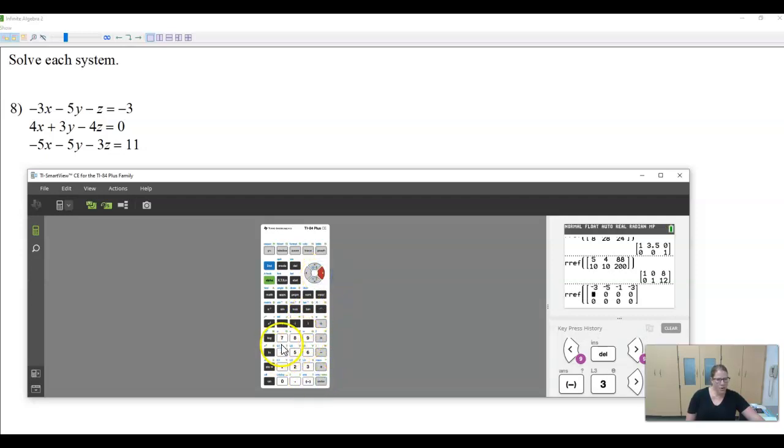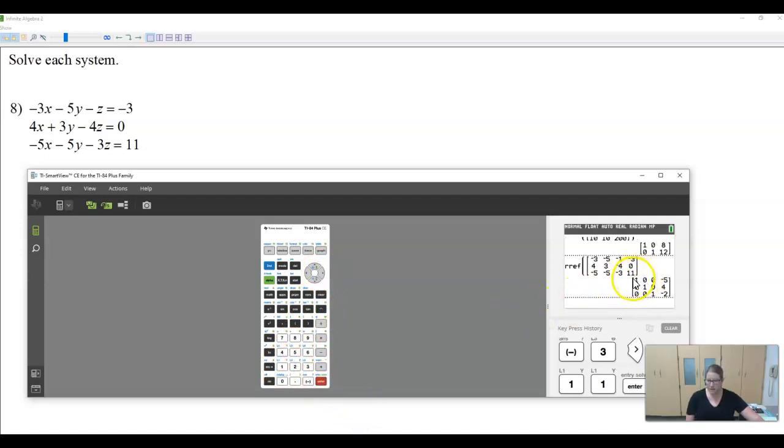Second row would be 4, and then 3, and then -4, 0. And my last row would be -5, -5, -3, and 11. So just enter those in, hit enter.